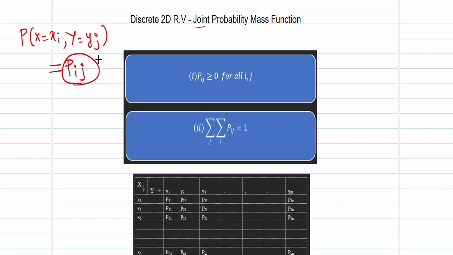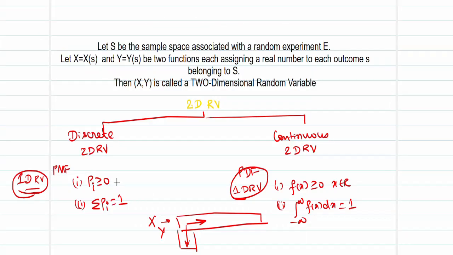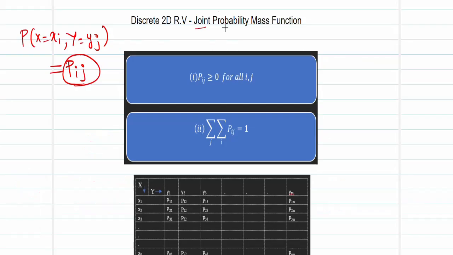This probability Pij will follow two conditions, just like our prior case. What was the first condition? The individual probability must be greater than or equal to 0 and less than or equal to 1. Similarly, the combined probability Pij will again be greater than or equal to 0 for all values of i and j.